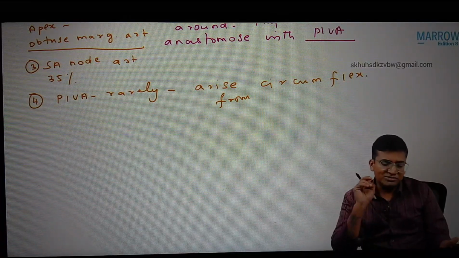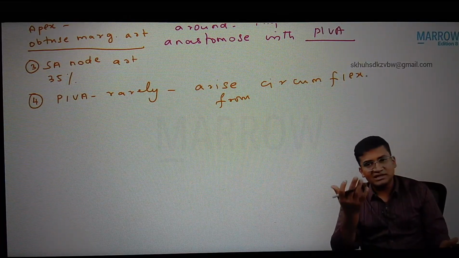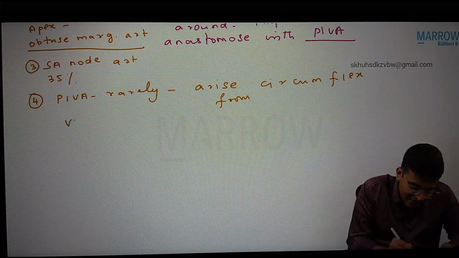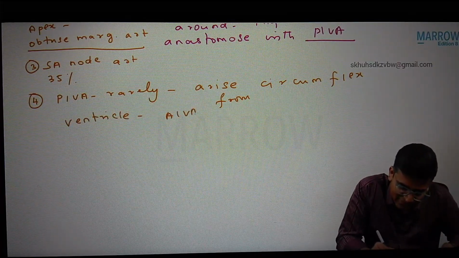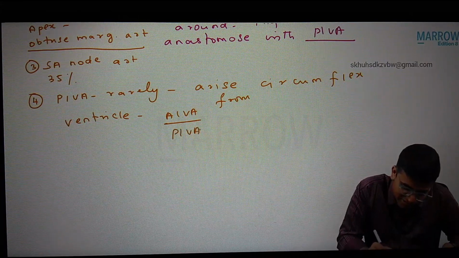If the posterior interventricular artery arises from the circumflex artery, then the entire ventricle is supplied by the anterior interventricular artery and the posterior interventricular artery.